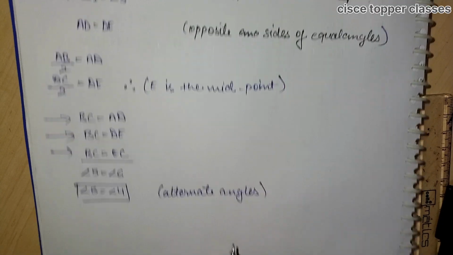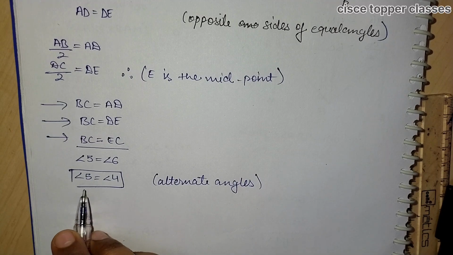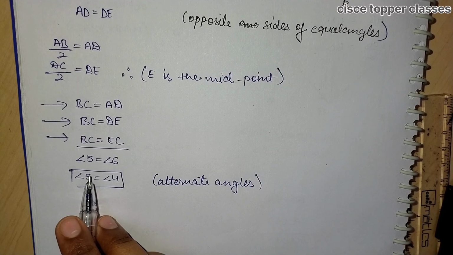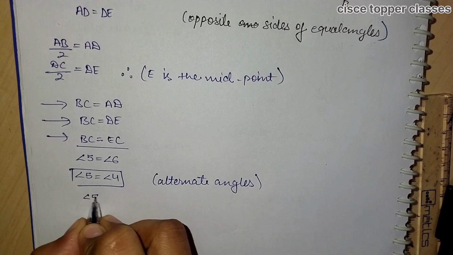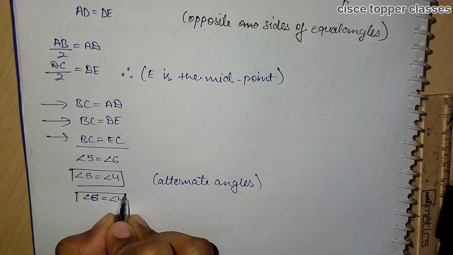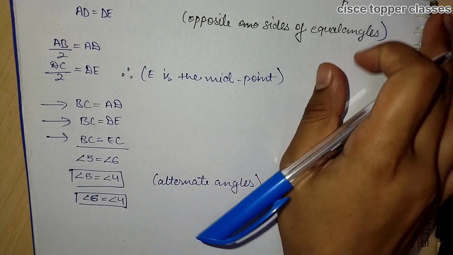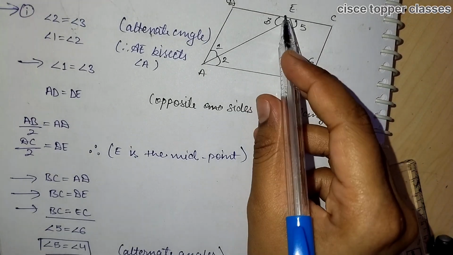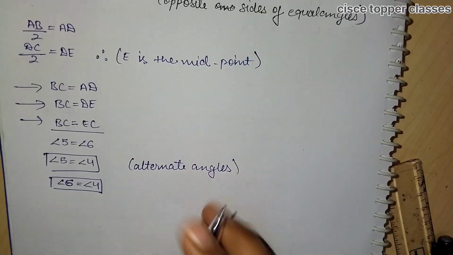From that we can say that angle 6 is equal to angle 4. As angle 6 is equal to angle 4, we can simply say that BE also bisects angle B.